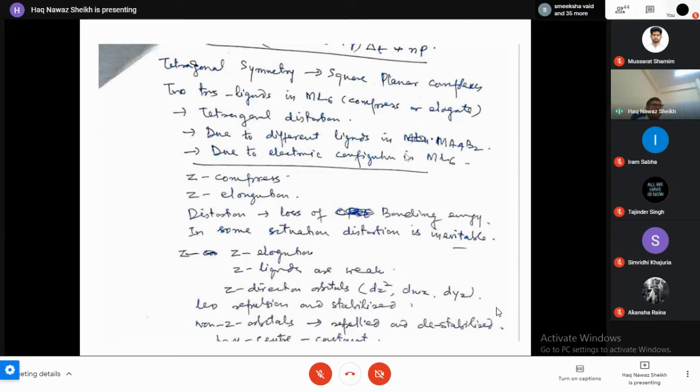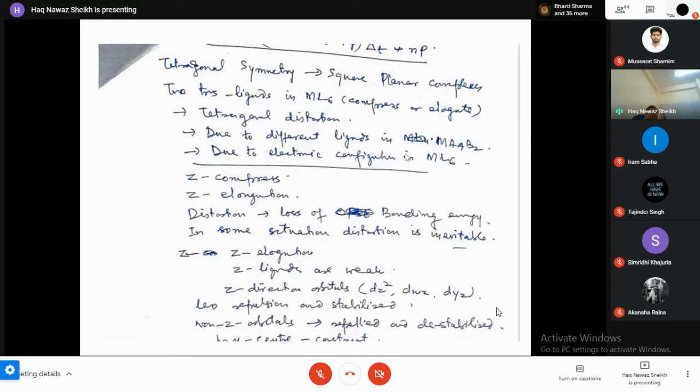So in the same fashion, when you look at the T2G set, it has three orbitals. Two of them have Z in their names, dxz and dyz, and one of the orbitals is dxy. So they will also feel different repulsion. dxz and dyz, which share Z, will have less repulsion in the Z direction, and they will be stabilized, and dxy will be proportionately destabilized.